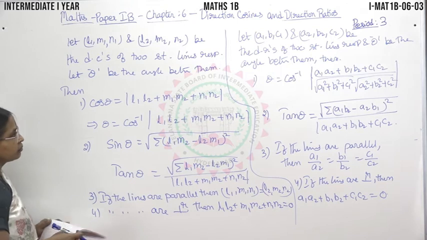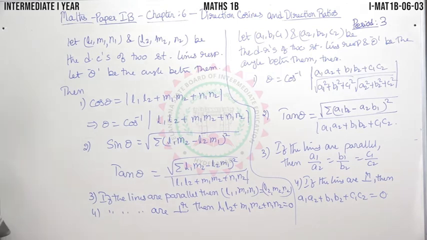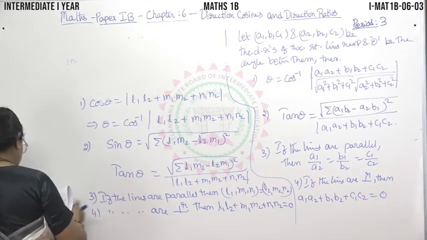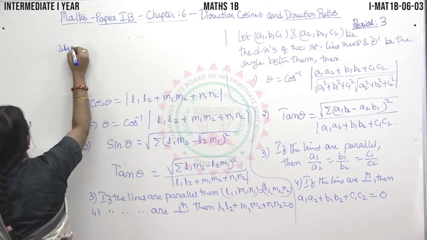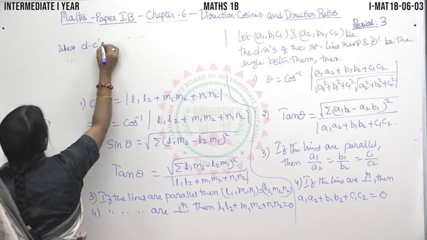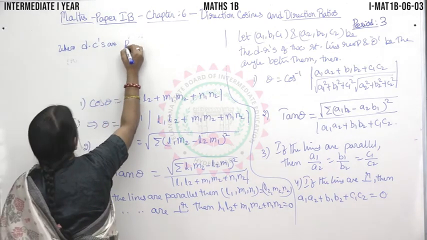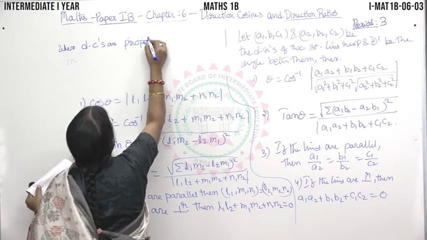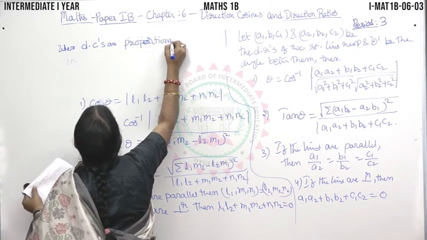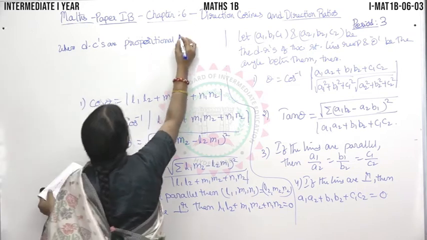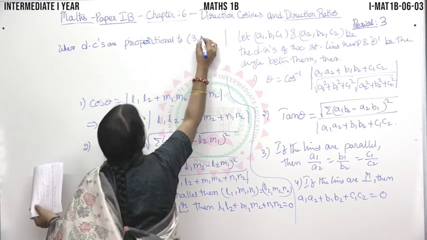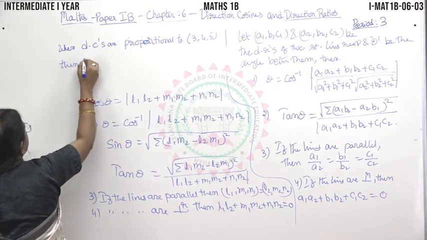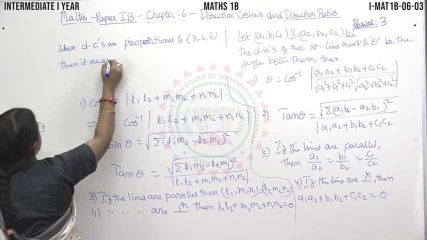Now in the questions, you will be given some terms like one sentence like this. There are some problems where you come across this type of thing: when direction cosines are proportional to some numbers, for example 3, 4, 5, then it means that these are the direction ratios.